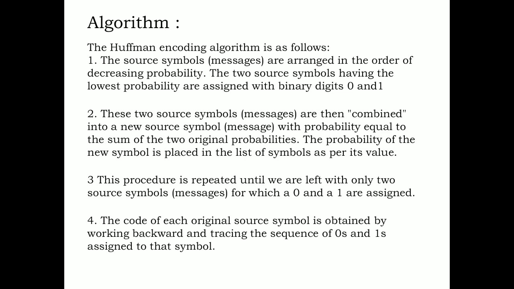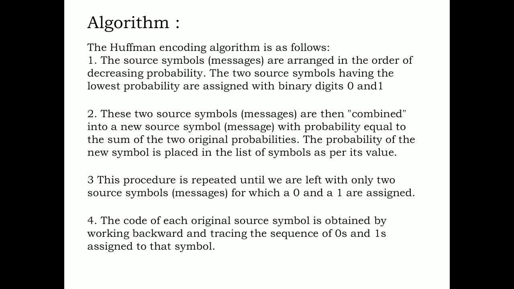This procedure is repeated until we are left with only two source symbols for which a 0 and a 1 are assigned. The code of each original source symbol is obtained by working backward and tracking the sequence of zeros and ones assigned to that symbol.